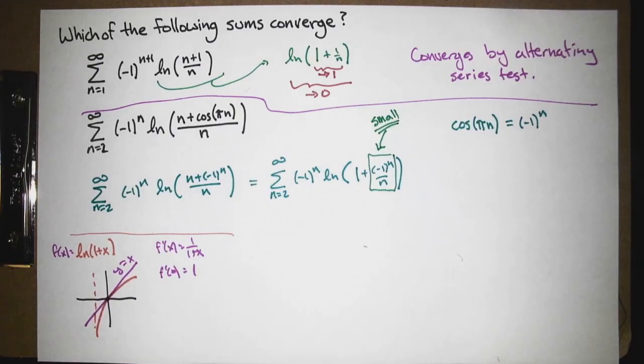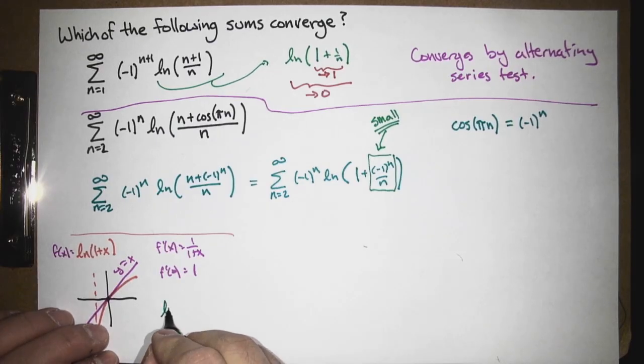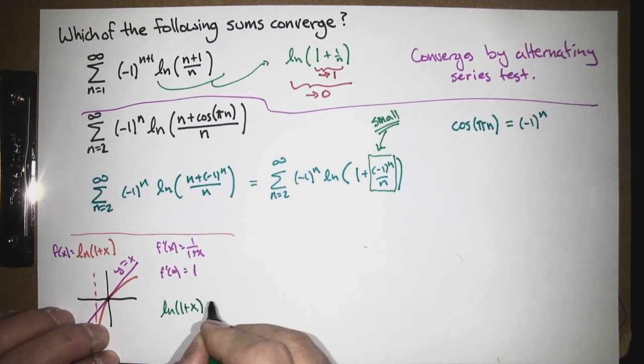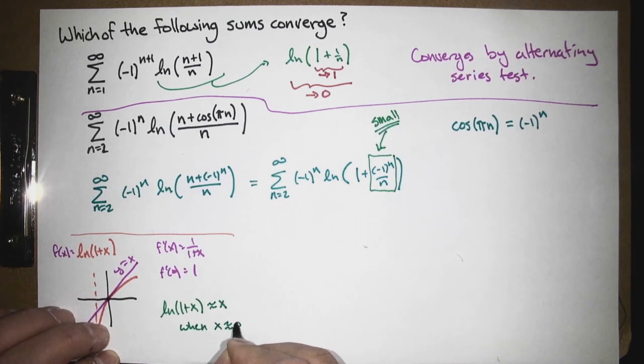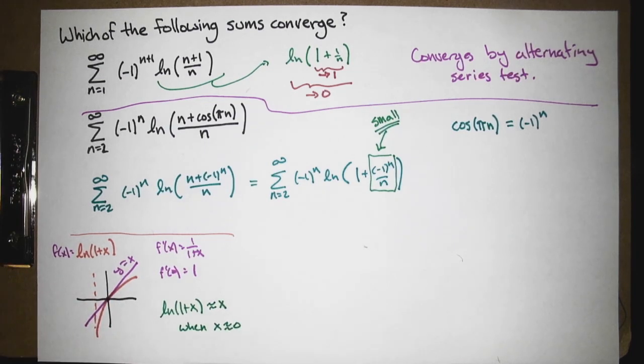Now, if I have a function near a point of tangency, it behaves like the tangent line. So log of 1 plus x is about x when x is about 0. So when I'm near 0, log of 1 plus x is about x.